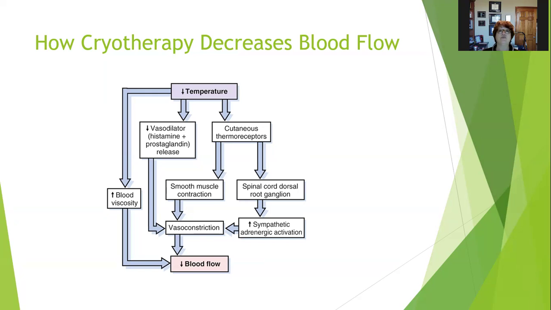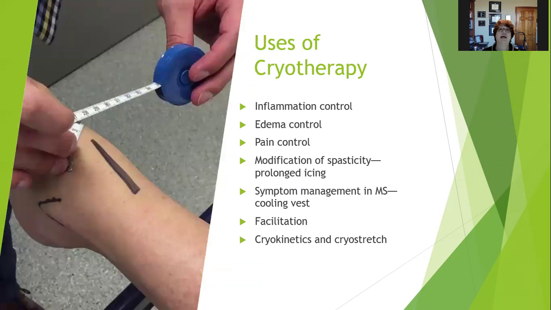The cutaneous thermoreceptors also affect the spinal cord dorsal root ganglion, like we talked about in the pain theory lecture. They increase sympathetic adrenergic activation, and overall, the result is decreased blood flow. And so decreased blood flow can be useful for lots of things, for reducing inflammation and affecting pain. Cryotherapy is really helpful for that.